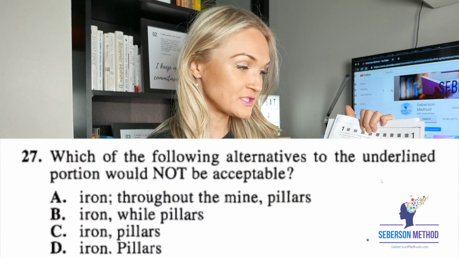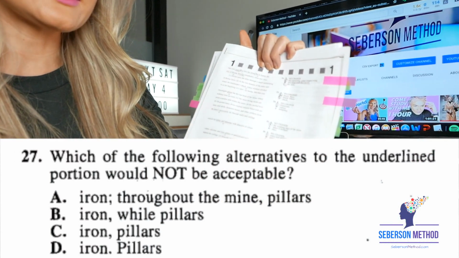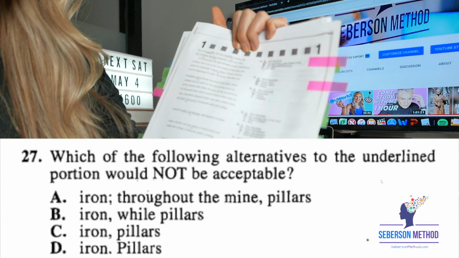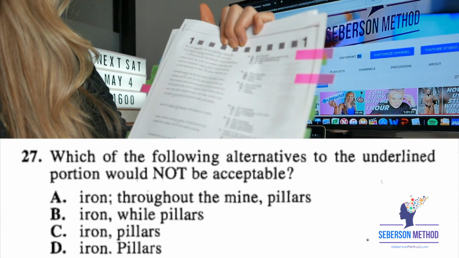Another quick example I want to show you guys is from earlier in this grammar section, where it's question number 27 if you have it. Which of the following alternatives to the underlined portion would not be acceptable?